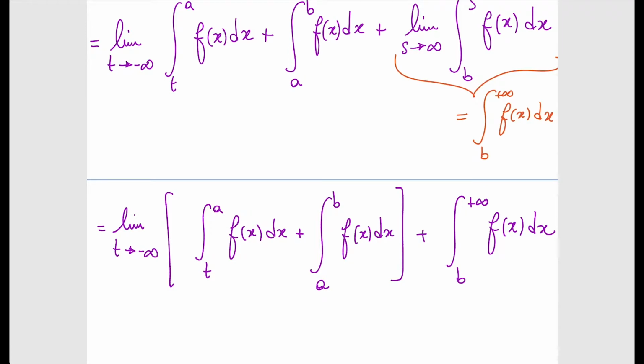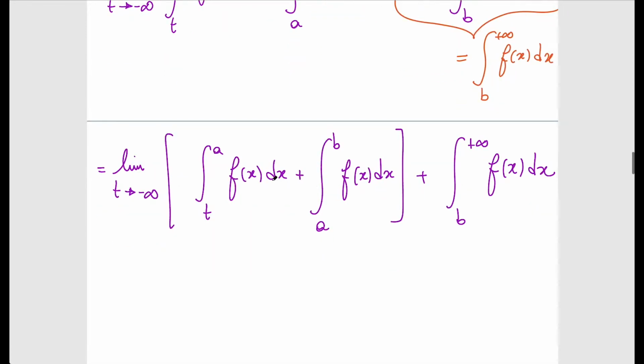And what is that? When t is a number, a fixed number, and you integrate over the finite interval from t to a, and you add to it the integral from a to b of the same integrand, what do you get? Isn't it the integral over the finite interval from t to b this time, of f of x dx?